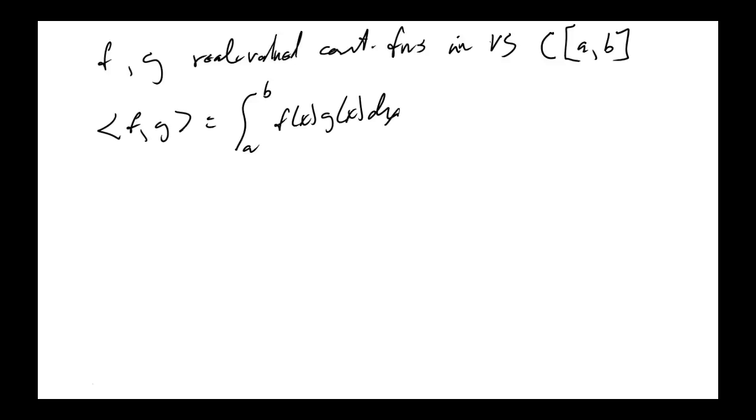And cf with g would be c times the inner product of f and g. All right. That wasn't as bad as I thought it would be.